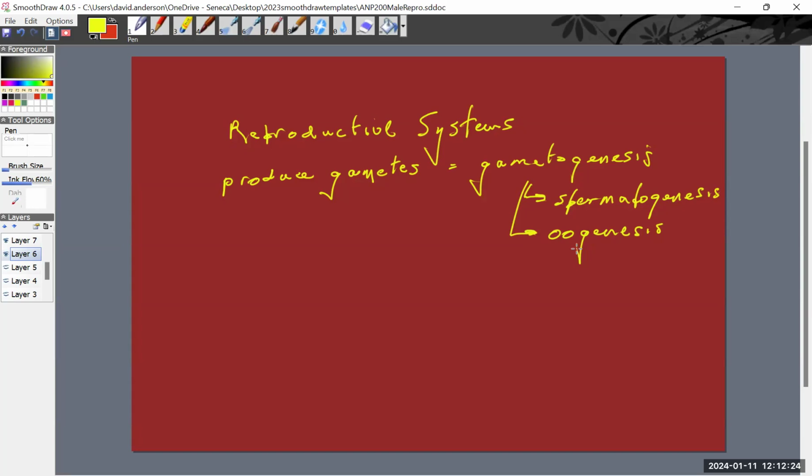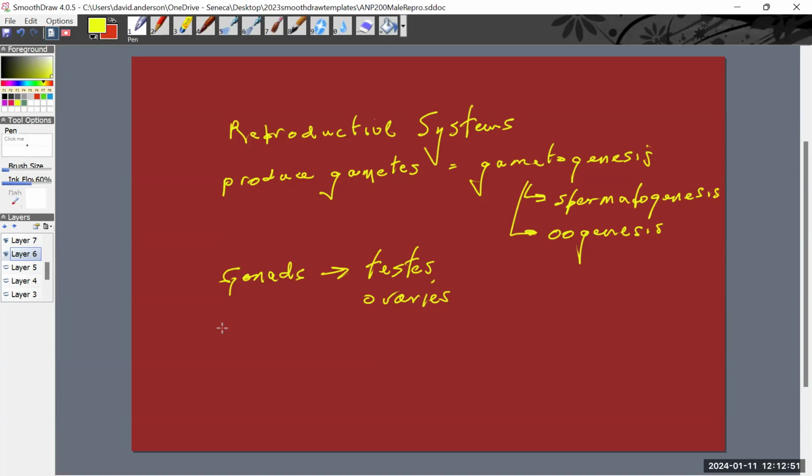The other consideration with respect to both reproductive systems are the gonads. In the male, that's the testes, plural, and in the female, ovaries. So we'll talk a little bit about those locations for these processes.